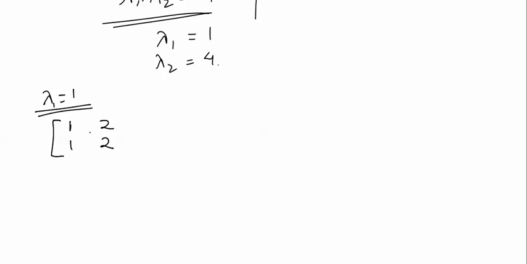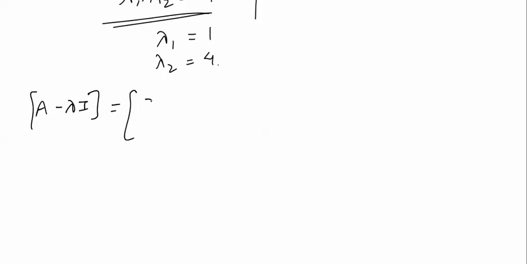Let us go back a step: what is A minus lambda I? Matrix A minus lambda I will look like [2 minus lambda, 2; 1, 3 minus lambda], isn't it?